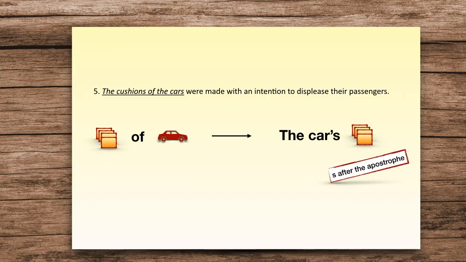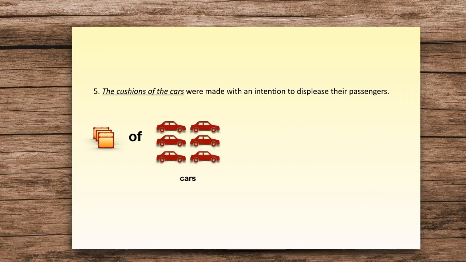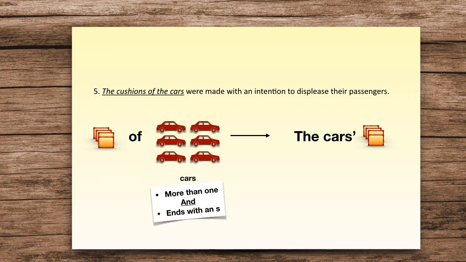But in the case of the fifth sentence, you're talking about cars, several cars, right? The word itself indicates that you're talking about more than one car, and the word also ends with an S. Very, very important points. Watch out for such words. Words that indicate that they're talking about more than one thing and ending with an S. In such cases, all you have to do is put an apostrophe after the word.